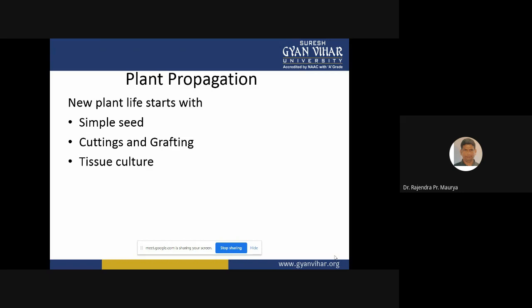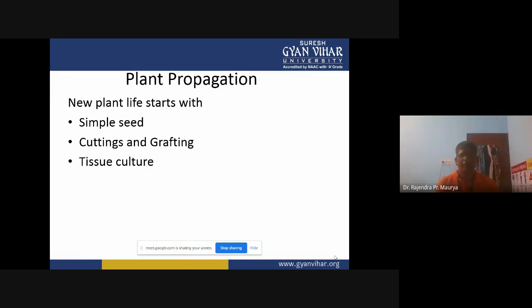So what is the nursery? Nursery is a place where the new plants are prepared. A new plant's life starts with the simple seed, or we can say cuttings and graftings, or plant tissue culture.